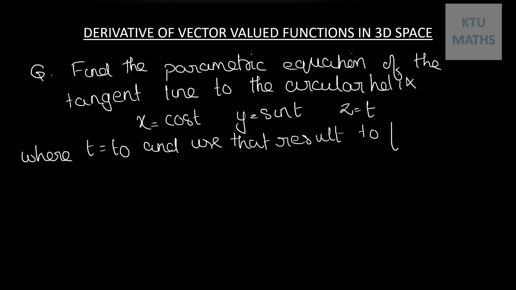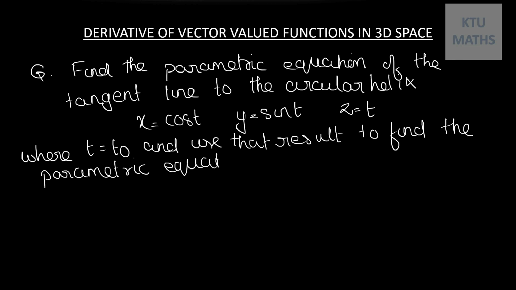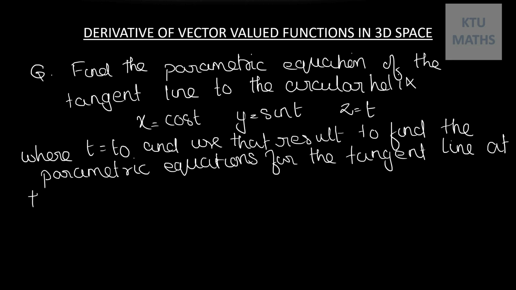to find the parametric equation for the tangent line at the point t is equal to pi.